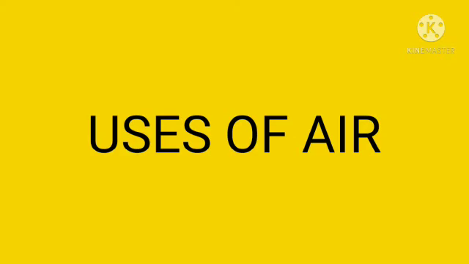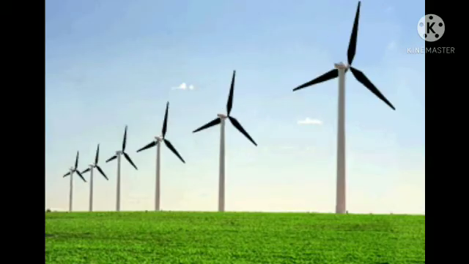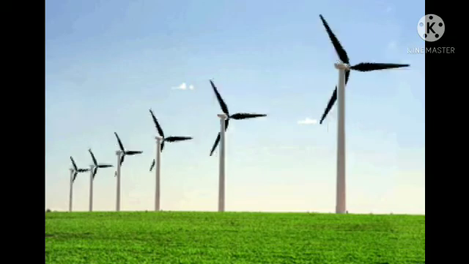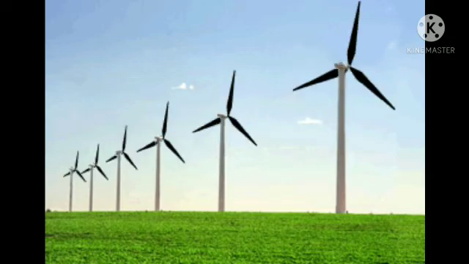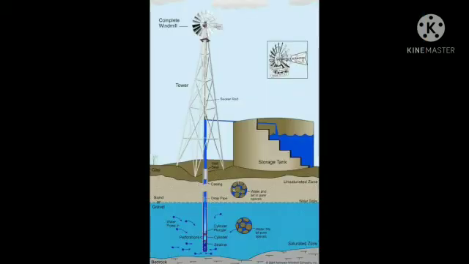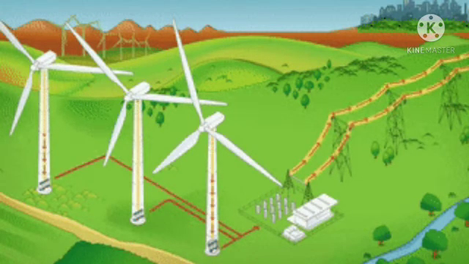There are other uses of air also. Have you heard about a windmill? The power of the wind makes the windmill rotate. The windmill is used to draw water from tube wells and to run flour mills. It is also used to generate electricity.